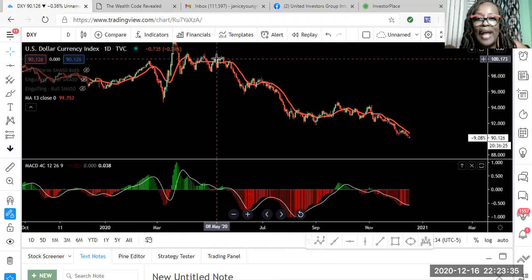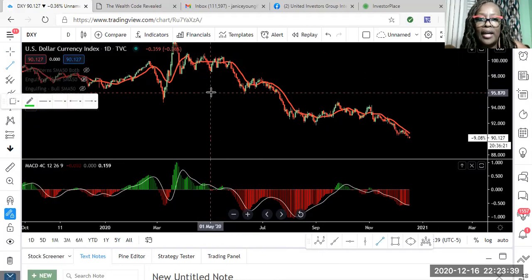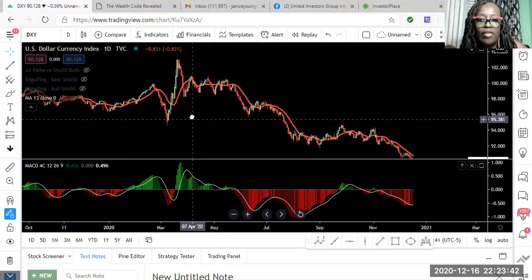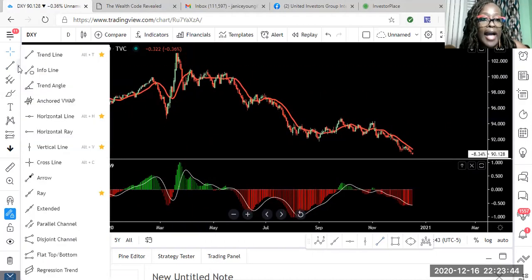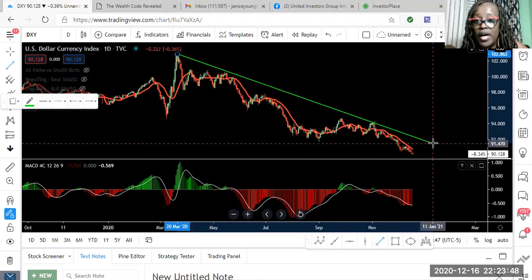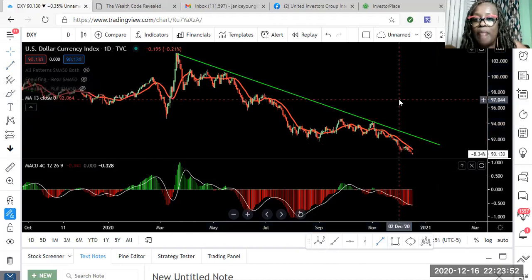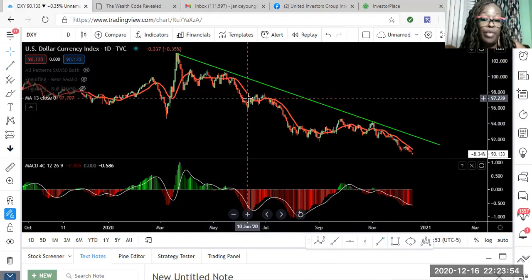We see the dollar doing what? Falling, right? And as a trader, hey, all good for us, right? No problem because we know what we're going to do, right?